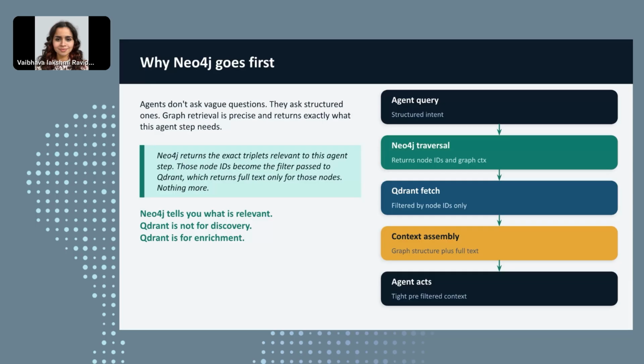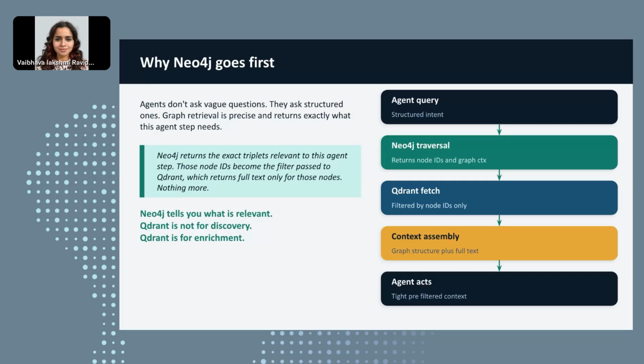So Neo4j goes first because it filters, it traverses the entire knowledge graph and returns the exact nodes and relationships relevant to this agent's current step. Those node IDs then become the filter passed to Quadrant. So Quadrant doesn't search the entire corpus, it fetches the full text context for exactly the nodes Neo4j already identified as relevant. That's it, nothing more.